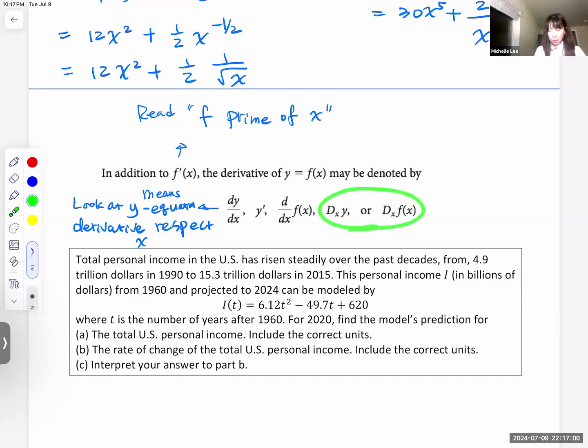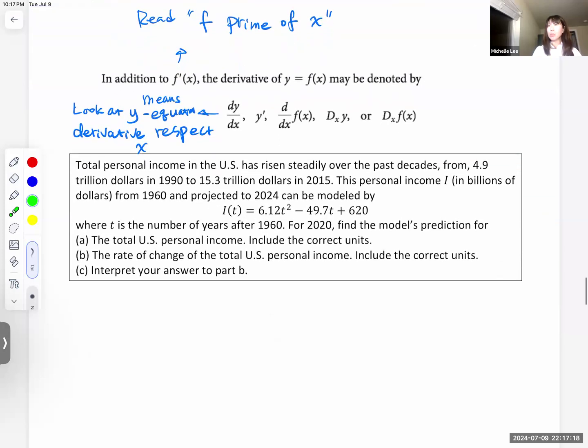We're not really using those kinds of notation; it depends on the variable. We change that to dy over dx, dt over dx, and so on, right? Okay.